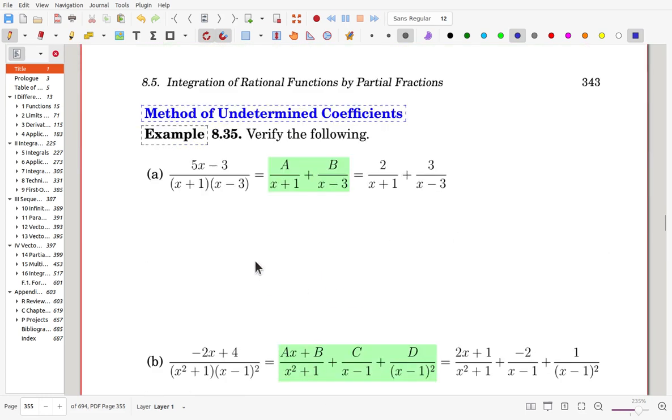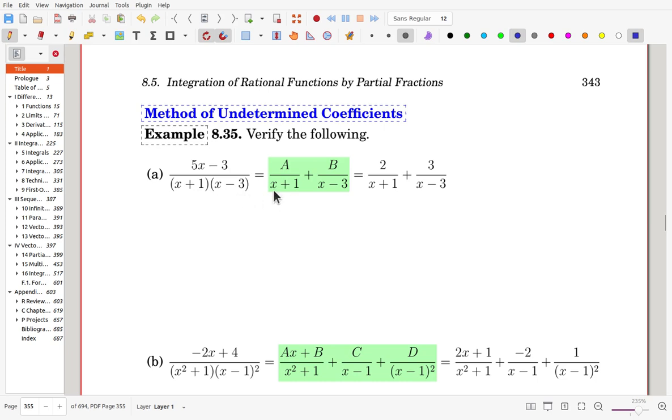Okay, let's see this example. Let's begin with this rational function. Now we'll try to express this one into partial fractions. Factoring g of x, the denominator, one factor is x plus 1, the other one is x minus 3.